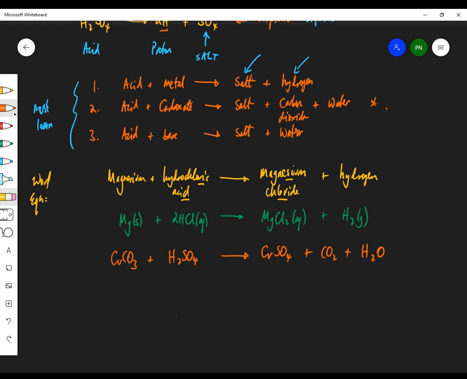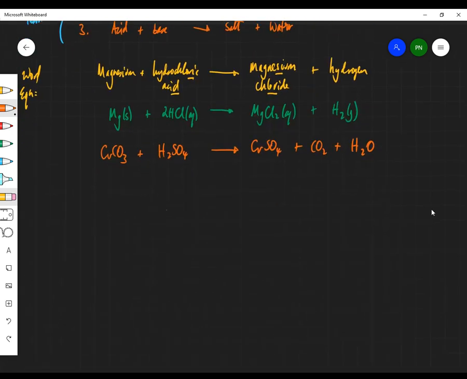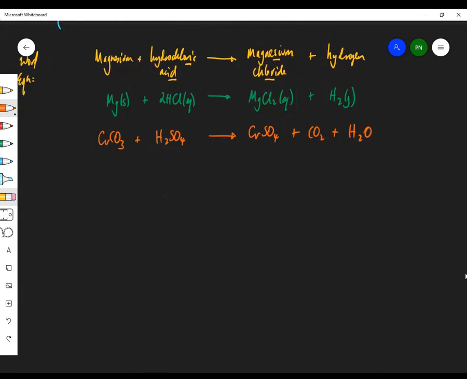Let's do an acid plus base. The simplest of them is acid plus base. Let's do this in red. The base is a metal oxide, or let's not use magnesium, I've used it before. Let's use zinc oxide plus nitric acid. It's going to give us zinc nitrate plus water.